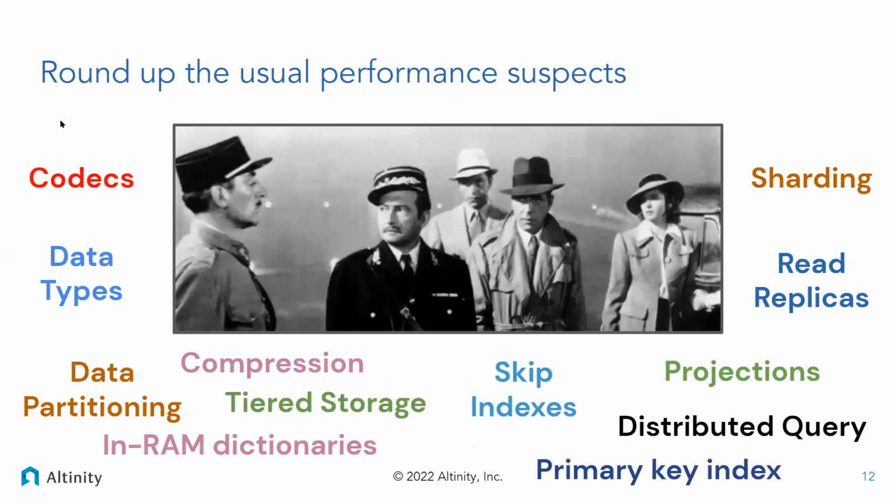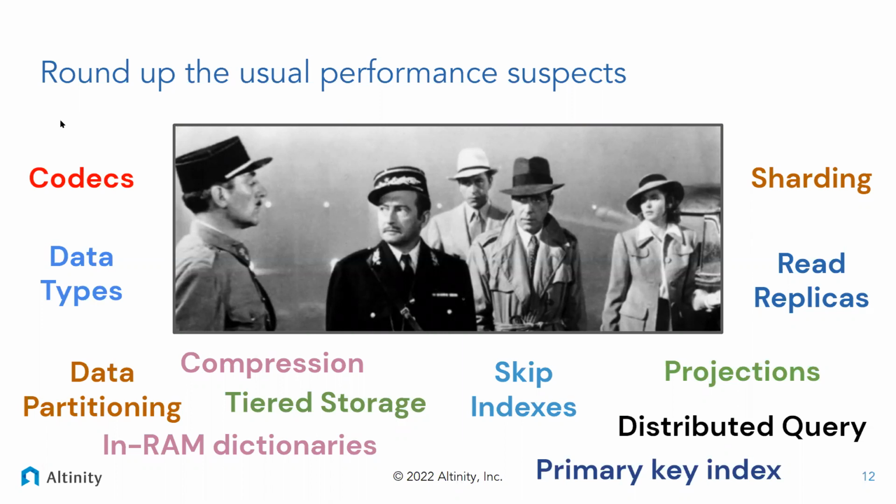ClickHouse has an amazing number of ways to achieve high performance, both in this use case of large data sets, but also many others. So things like codecs, compression, tiered storage, where we have different types of storage. Everything you can think of that will make a data warehouse run fast, there's a pretty good chance that it is implemented somewhere in ClickHouse.